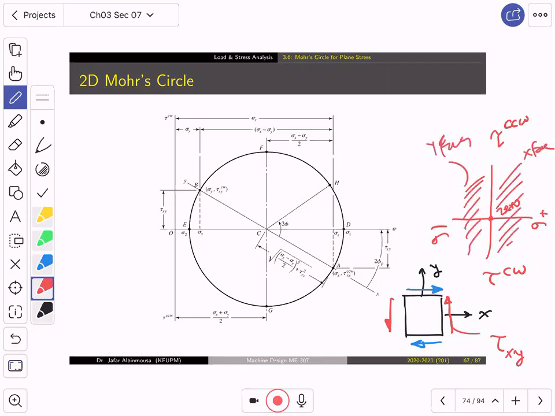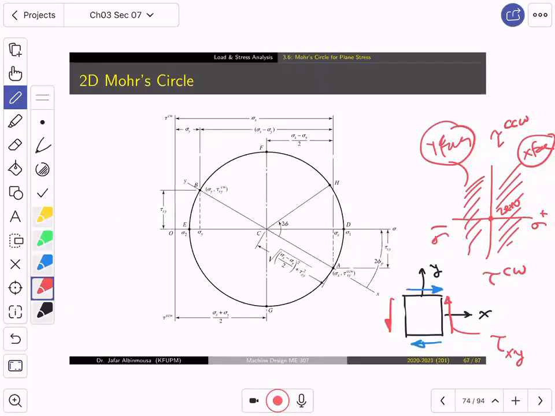This is what's going to happen. Sometimes the X face is on the left and the Y face is on the right. But if the X face is here and the Y face is here, now look what happened.